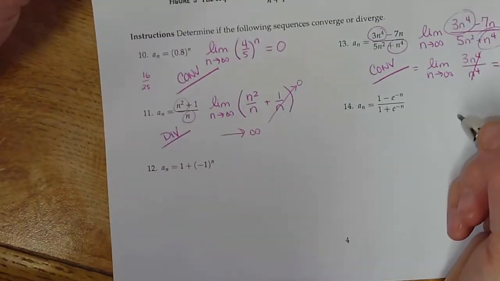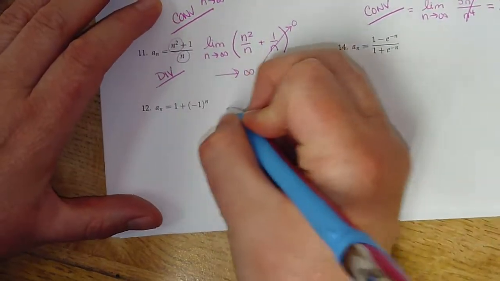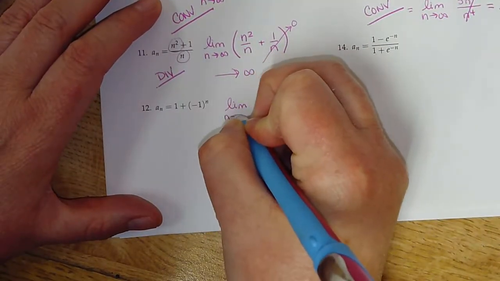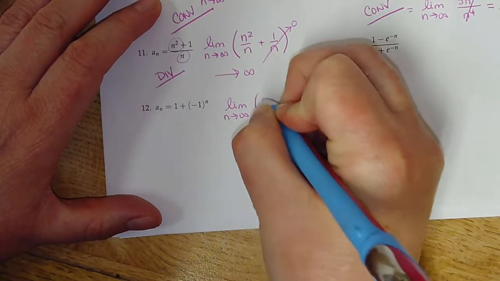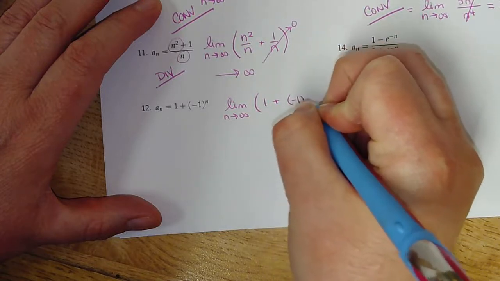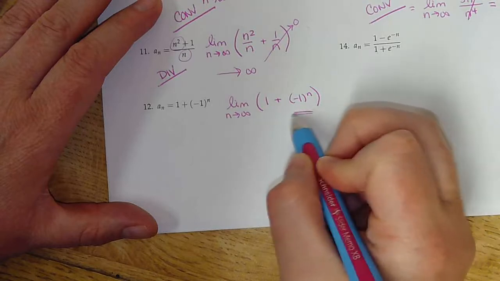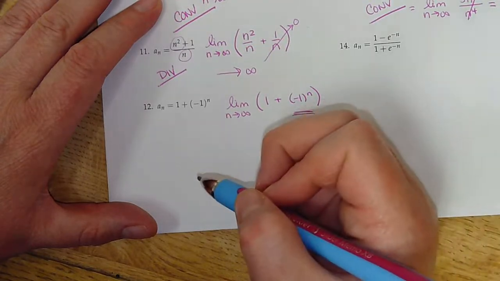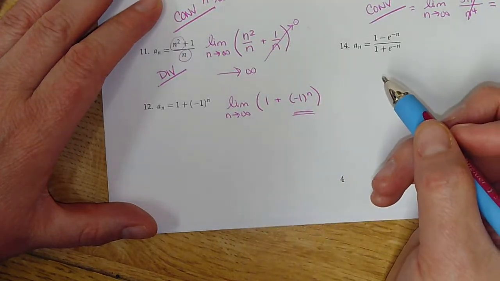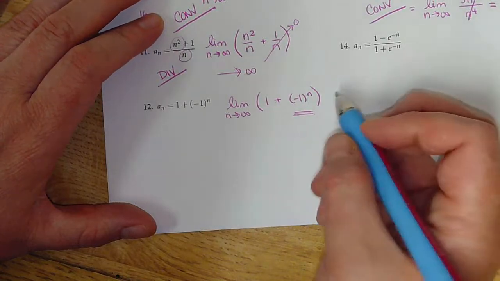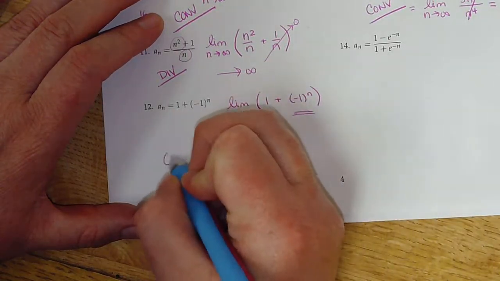All right, let's look at number 12. So looking at the limit as n goes to infinity of 1 plus negative 1 to the n. What I know about this is that this term is going to alternate between negative and positive. So when n is 1, the value will be 0.